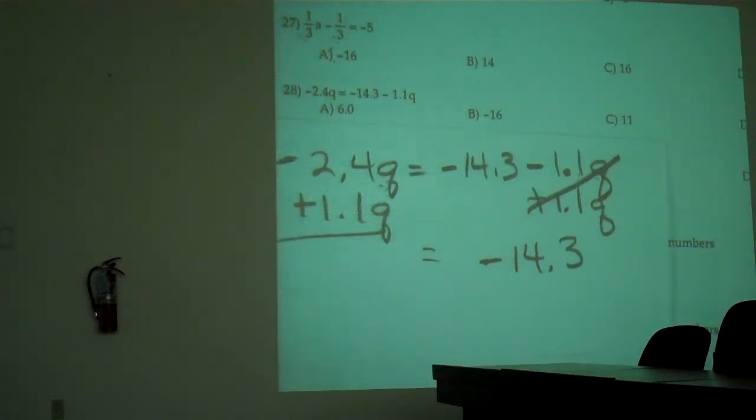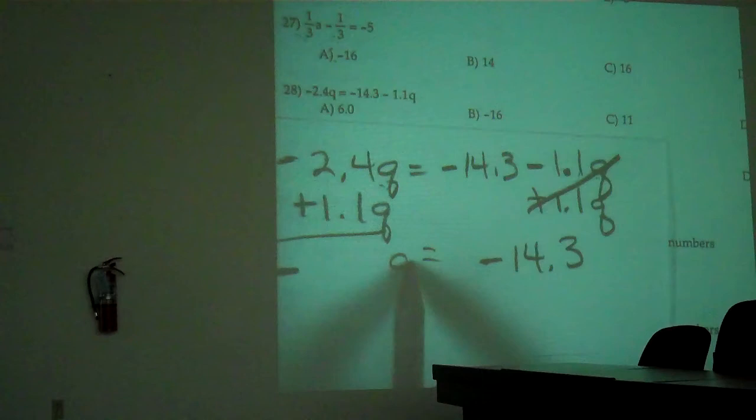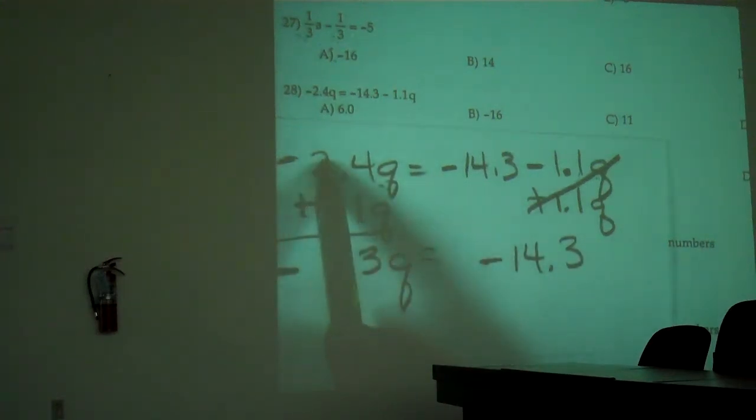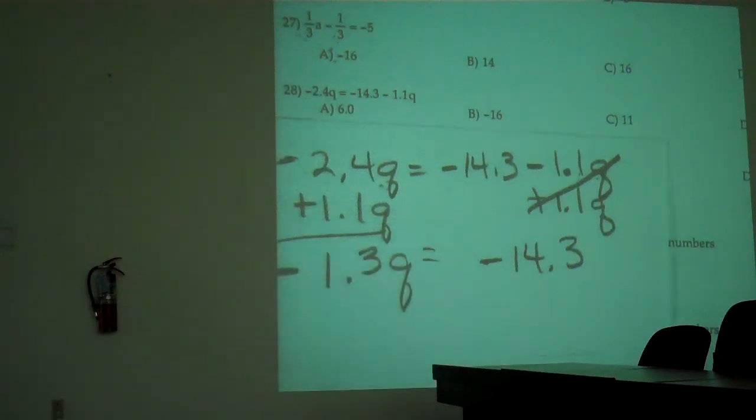So we have negative 2.4 plus 1.1. It'll be negative, and you have to subtract. Sign of the larger and then subtract. 4 minus 1 is 3. 2 minus 1 is 1. So you have negative 1.3q equals negative 14.3.